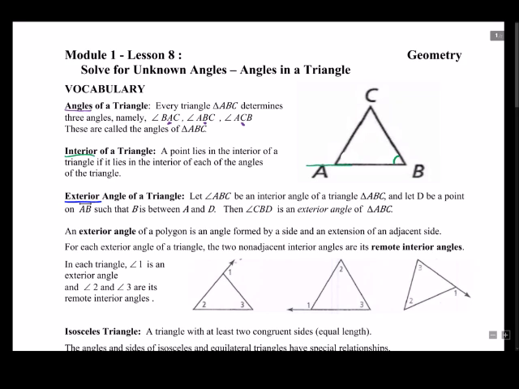So we are going to extend this segment and create a point D such that point B is between A and D. So you can see here point B is between A and D. Now, angle CBD, this angle right here, is the exterior angle of a triangle.